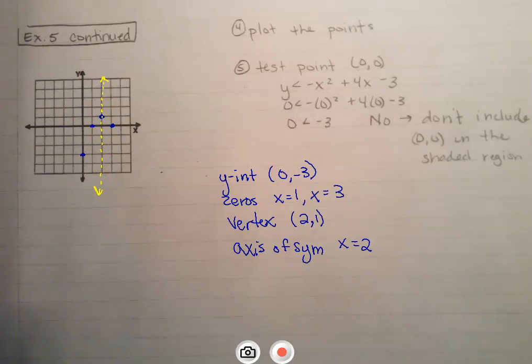All right, so it said plot some more points based on symmetry. So we've got this one. So really we could just plot this one. It's 2 over from the axis of symmetry. So we want to go 2 over and plot the next point. All right, and then we want to make that smooth curve parabola.